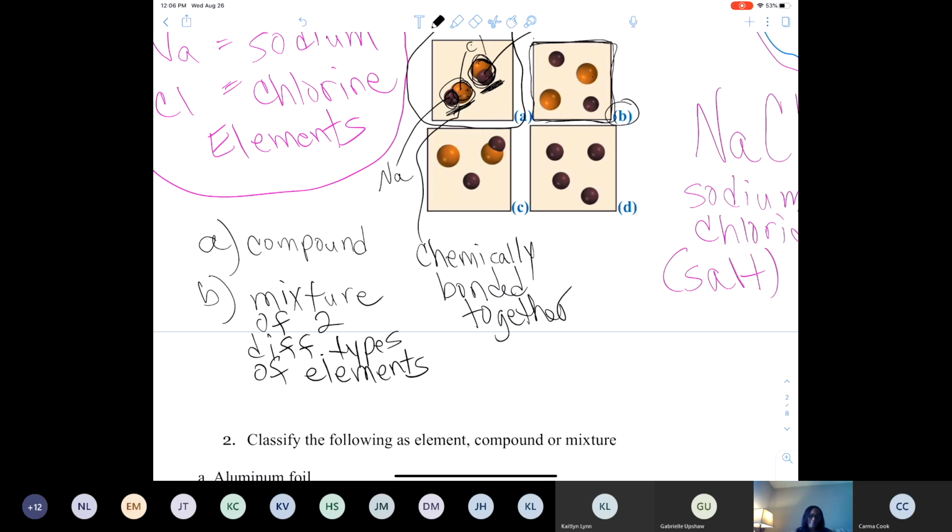What about C? Element, compound, or mixture? Very good, it's a mixture.